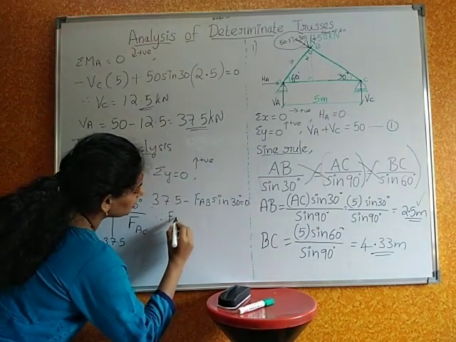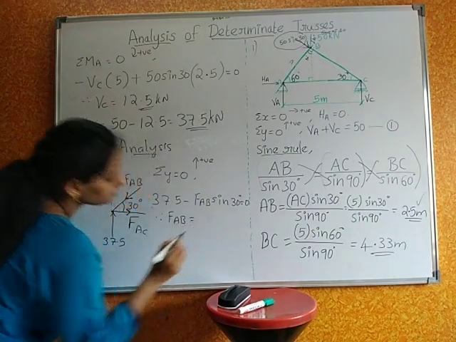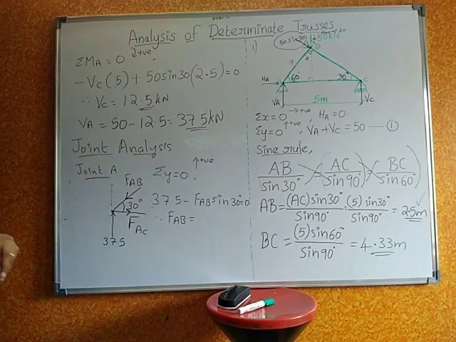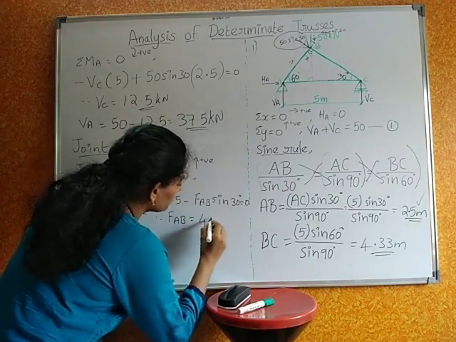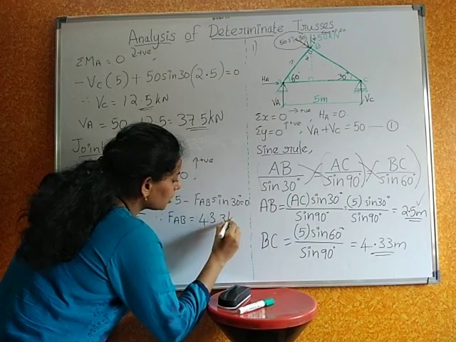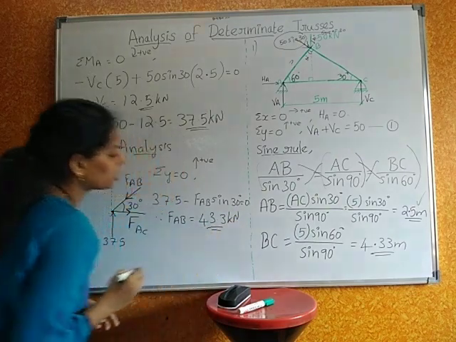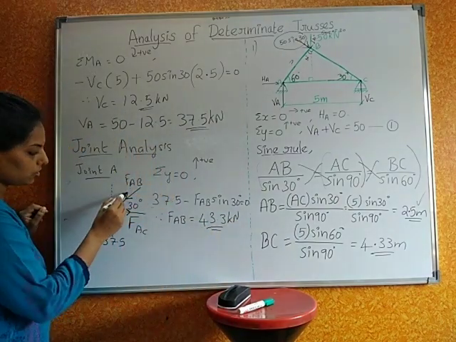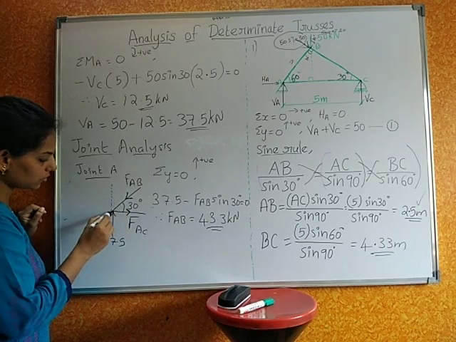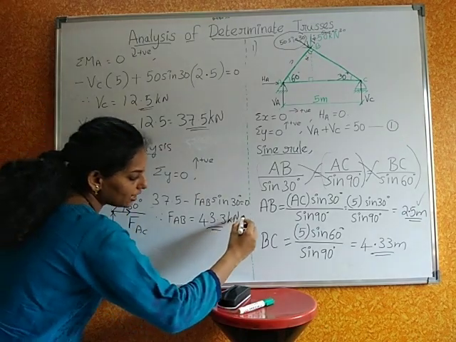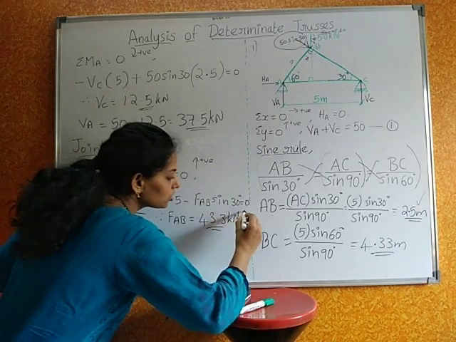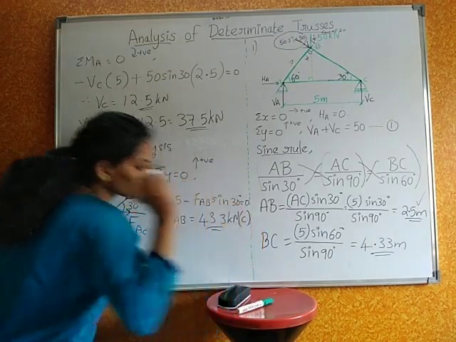Therefore FAB is 43.3 kilonewton. We got a positive value, so whatever we assumed is correct. See this arrow mark, it is moving towards the joint. Towards the joint is nothing but compression, so mark it as C.